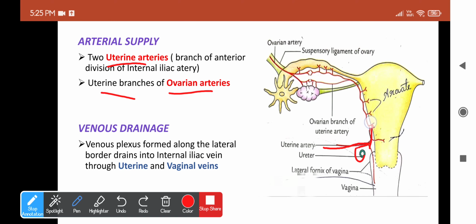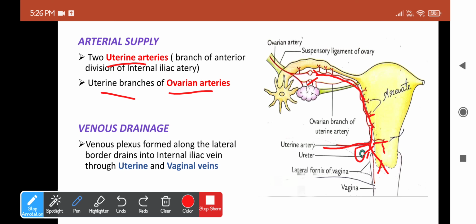At the lateral wall they ascend and give a few branches, and then run along the fallopian tube to end by anastomosing with the ovarian artery. Along the way it gives a few branches like the ureteric branches, vaginal branches, and then the cervical branches.